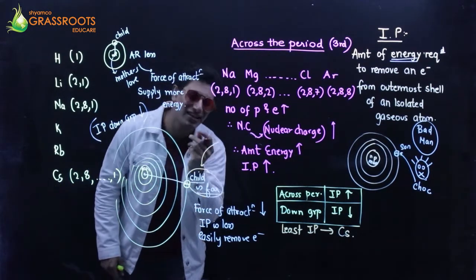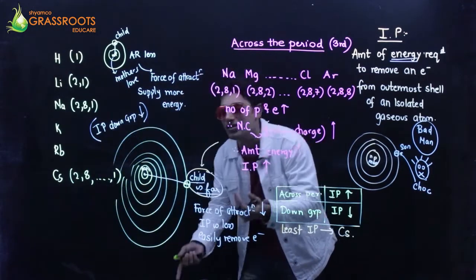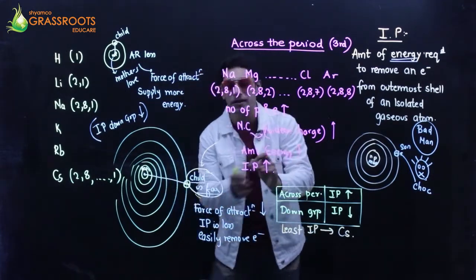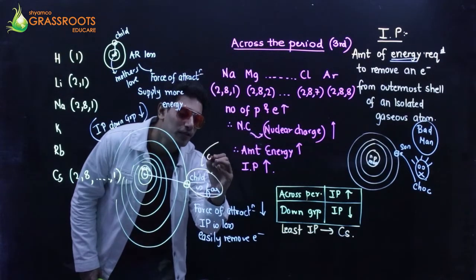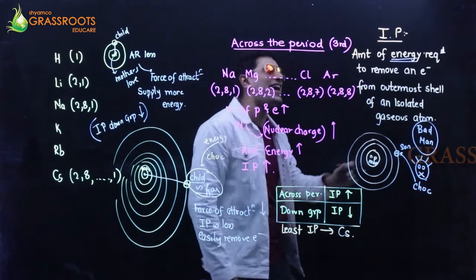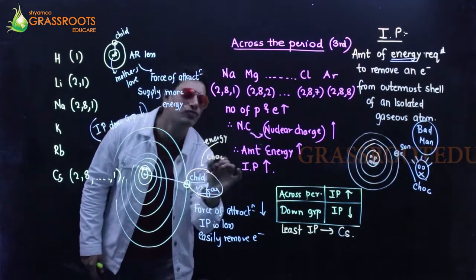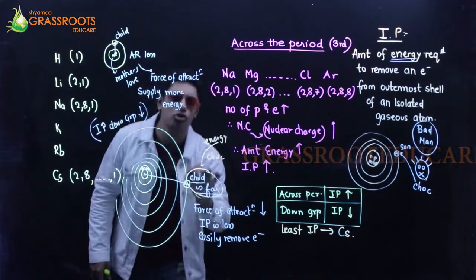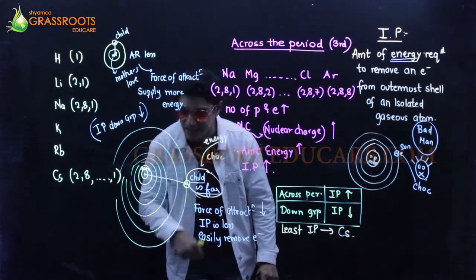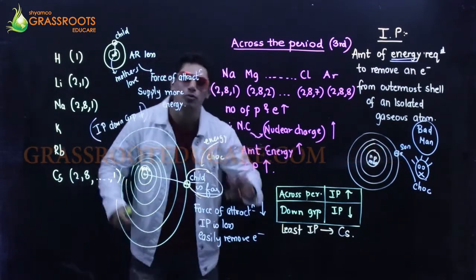Less chocolate means you can even give him an eclair, a simple eclair, and still the child is going to leave the shell, leave the orbit and go with that stranger for that chocolate, for that energy. So the energy supplied is very less. The greed is less. So it's very easy to remove this electron from the outermost shell of cesium because the force of attraction is less between the nucleus and the electron in the outermost shell.